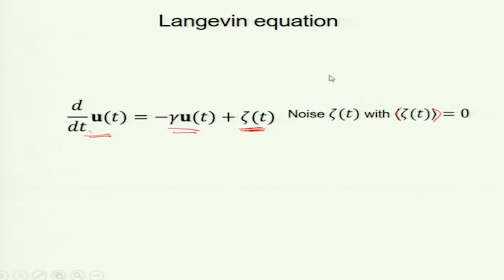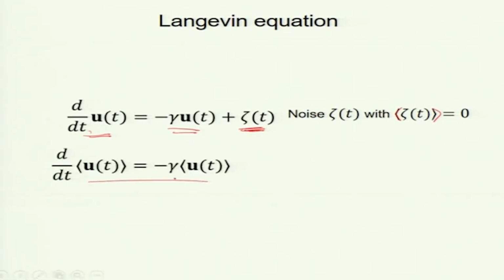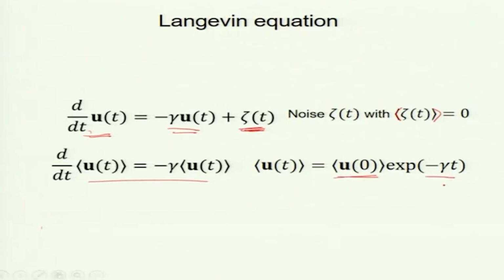If I do the ensemble average, then the zeta average is 0. So we get this, and it has a very trivial solution. It is a linear equation for the averaged u, and its solution is exponential in time: the average initial velocity times e to the power minus gamma t.